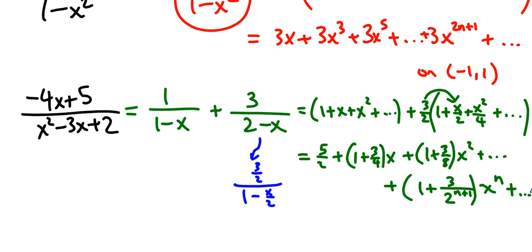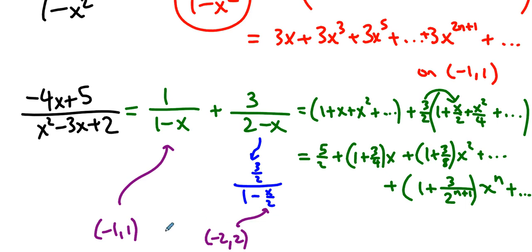Where does this converge? Well, the interval of convergence here is -1 to 1. The interval of convergence here is -2 to 2, because those are all the values for which x over 2 has an absolute value less than 1.